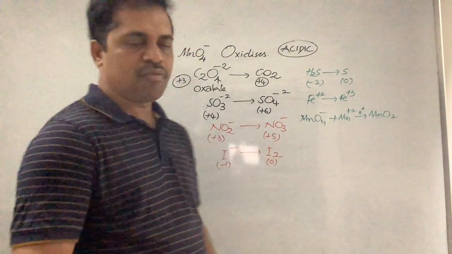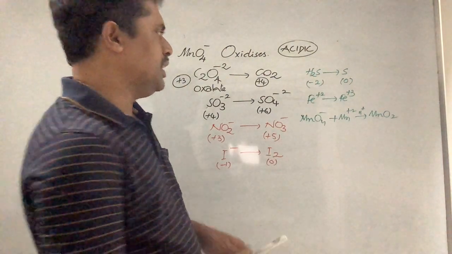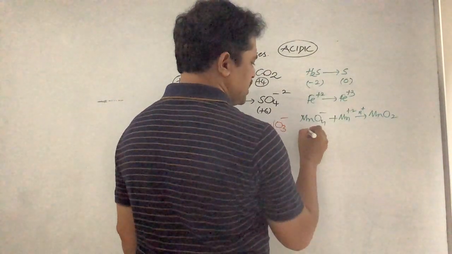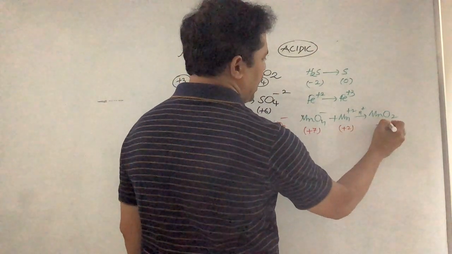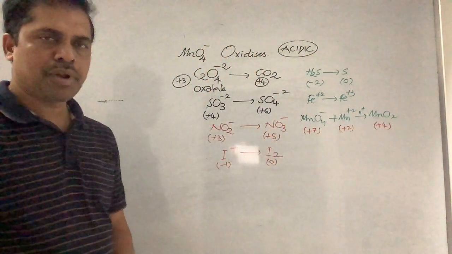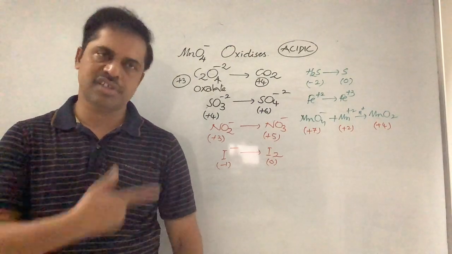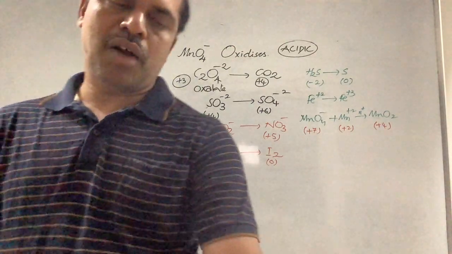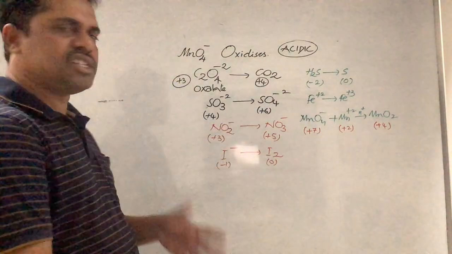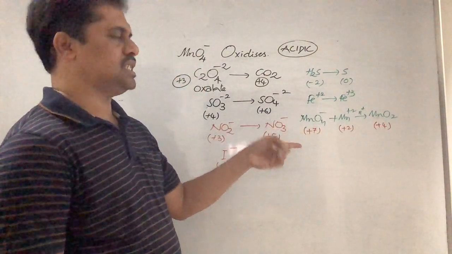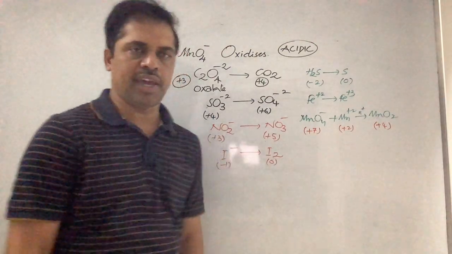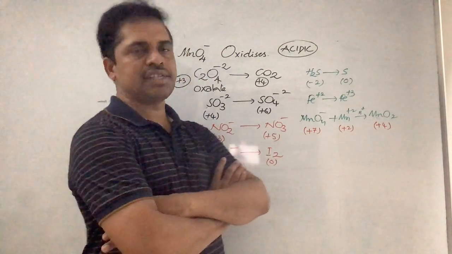Here the oxidation state of manganese is plus 7, this is plus 2, this is plus 4. Can we now call it a comproportionation reaction? Okay, I wanted to explain this one there. Comproportionation: two different oxidation states are combining to give you one oxidation state. MnO4 minus reacts with Mn plus 2 to give you a comproportionation reaction to get MnO2.